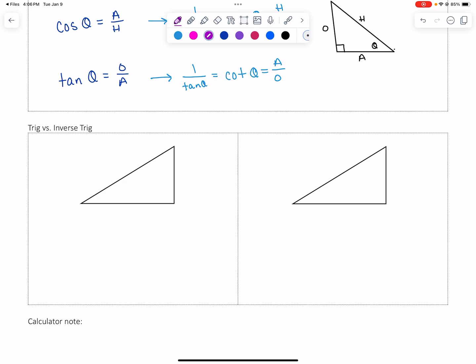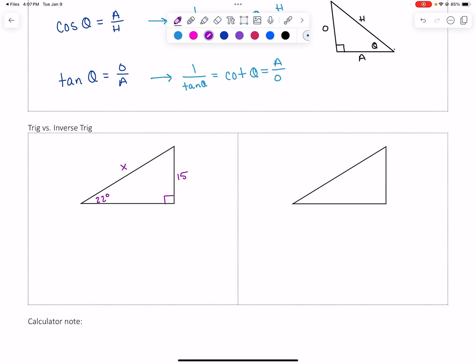So for our example one here, this is going to be a right triangle. This is our hypotenuse that we're solving for. This has an angle measure of 22 degrees, and this has a side length of 15. It's not a special triangle, so we can't use those special relationships.